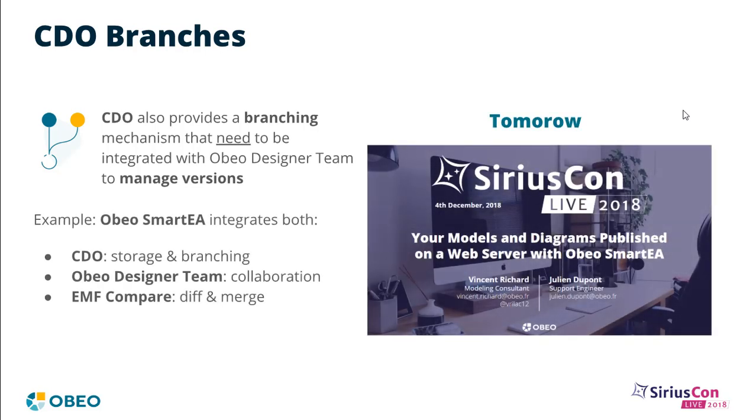This has been done in the OBEO SmartEA tool, which will be presented tomorrow in a session by Vincent Richard and Julien Dupont. In OBEO SmartEA, there is an integration of Sirius with CDO for the storage and the branching, OBEO Designer Team for the collaboration, and EMF Compare to diff and merge models between different branches managed with CDO.